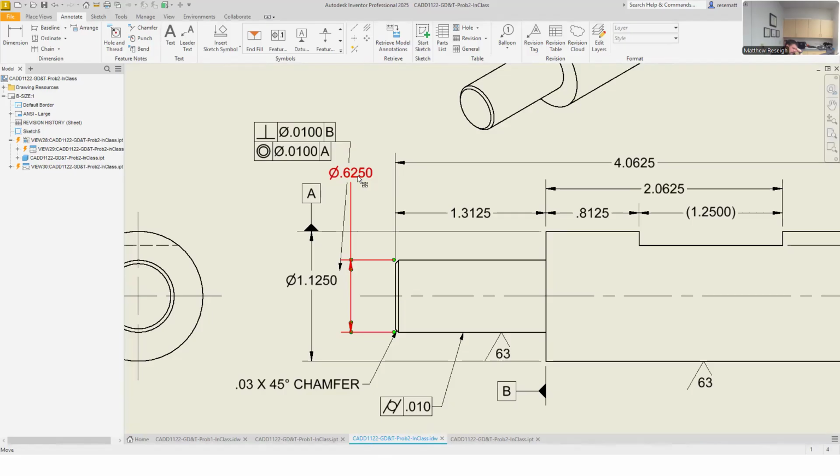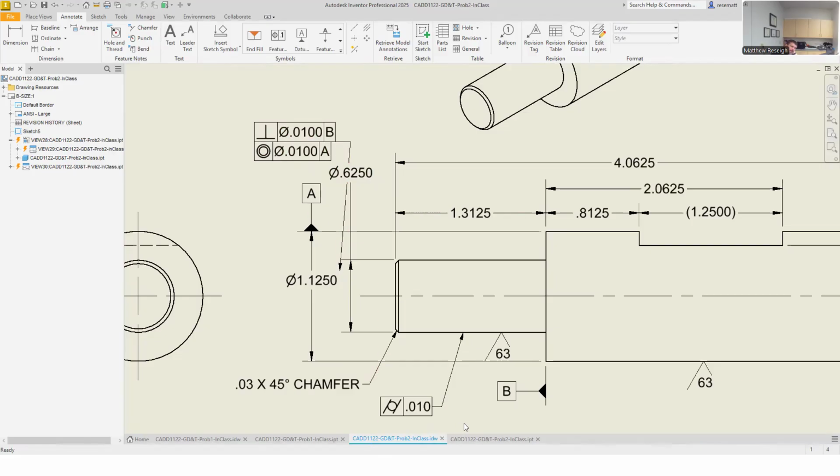I'm following the figures from 13.55 in our textbook, which I think is the best way to apply this perpendicular relationship. There are some reasons why I wouldn't. What I'm expressing is I need it perpendicular to datum B with this tolerance, 10 thousandths, and it's a diameter tolerance.